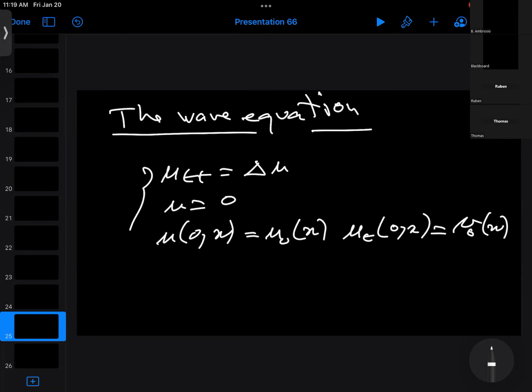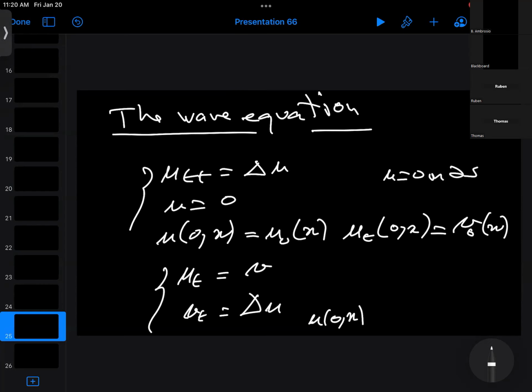So you can write it classically u_t equals v, and then v_t equals Laplacian u. And so the initial conditions become u0(x). Oh, I forgot, you have u equals 0 on the boundary. And now it's v(0,x) equals v0.